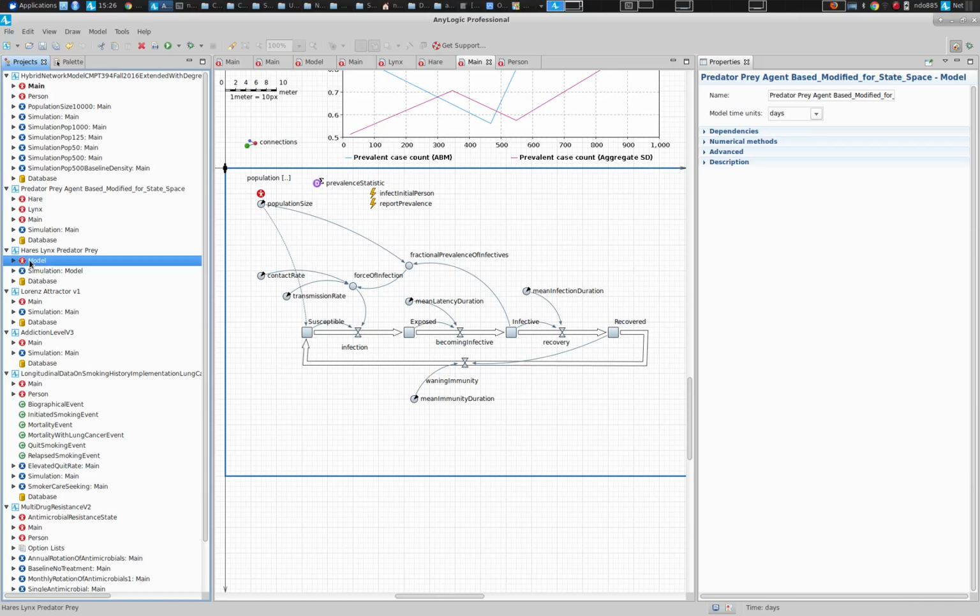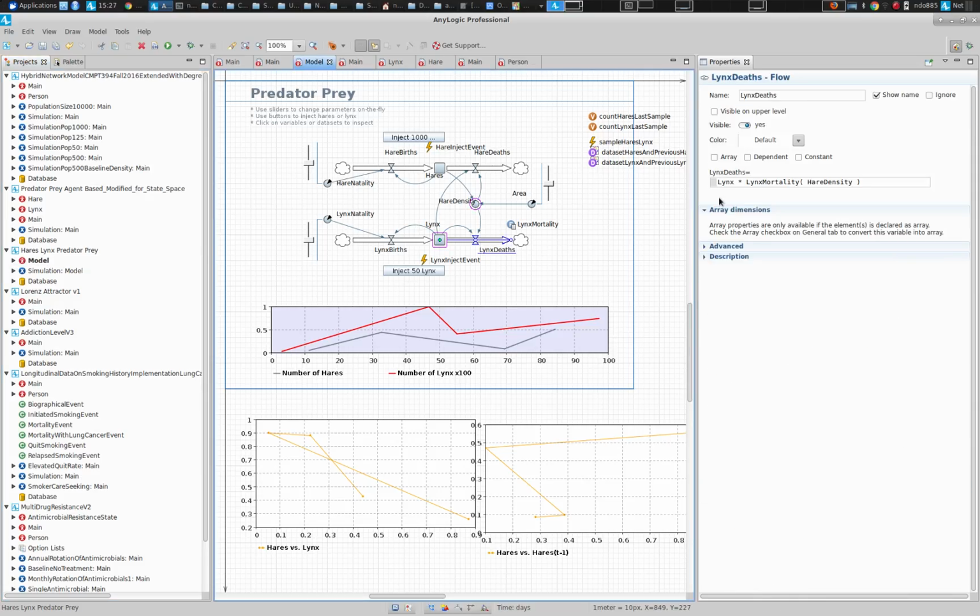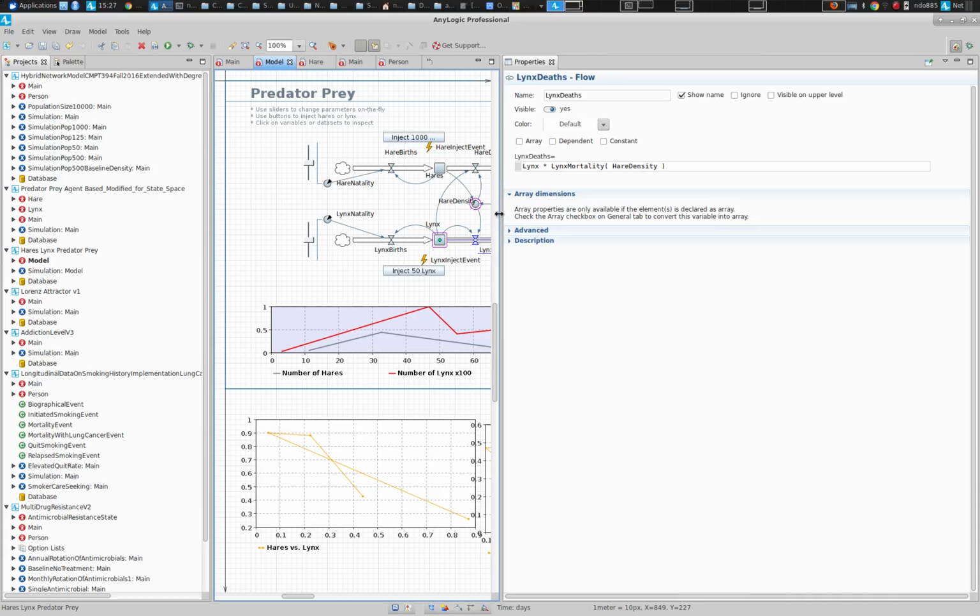So click on hares, lynx, predator, prey, and what we'll find here is that the number of lynx deaths depends on hare density. Alternatively, we could look at the number of hare deaths here, and that depends on the number of lynx. So what I'm saying is the evolution of hares depends on lynx.